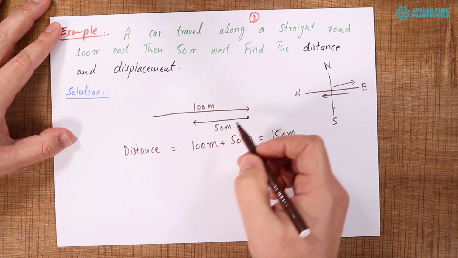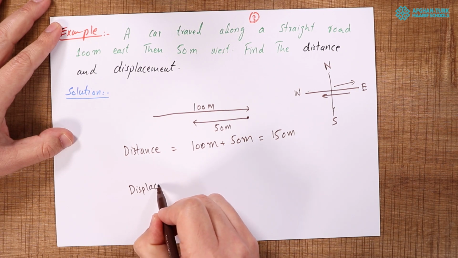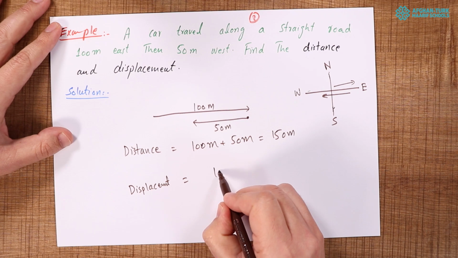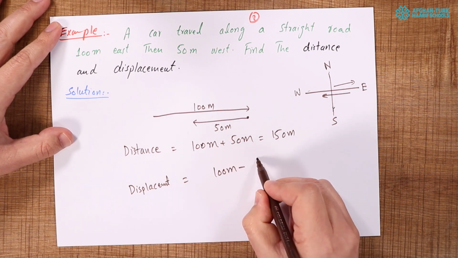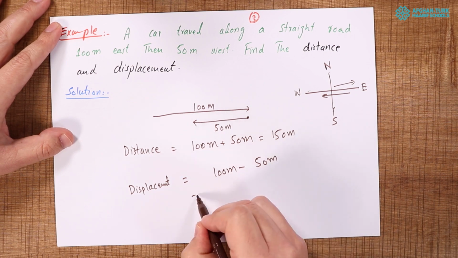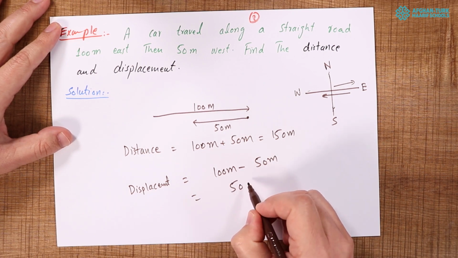Very simple. This displacement is equal to 100 meter minus 50 meter. So the remaining path is 50 meter toward which side?